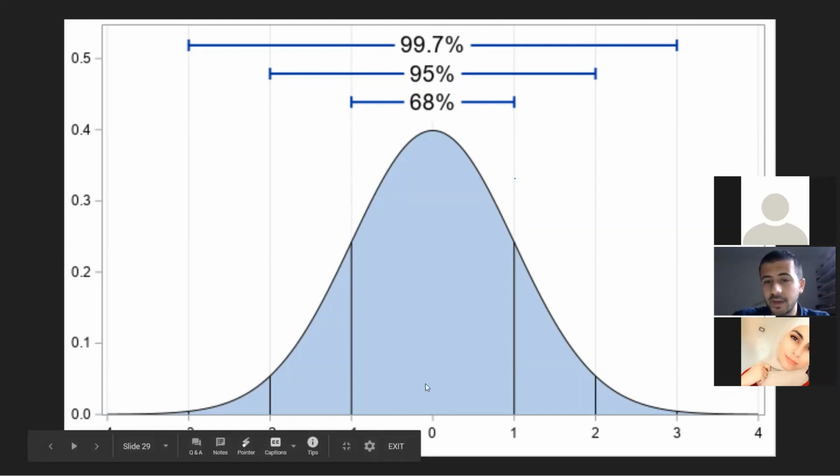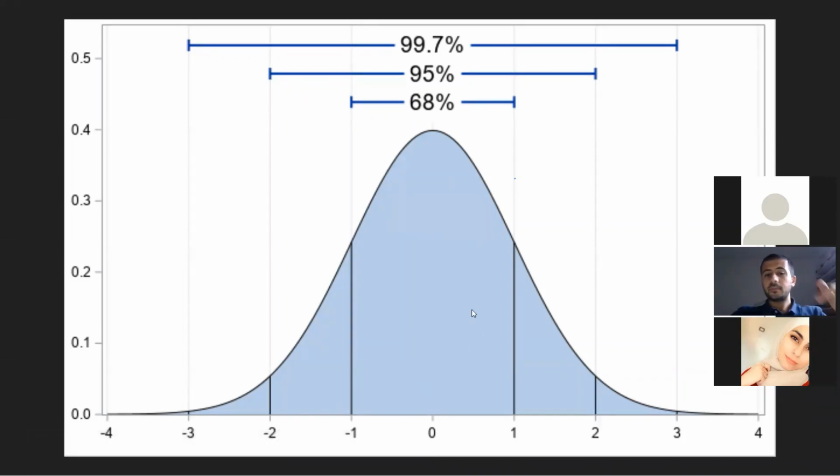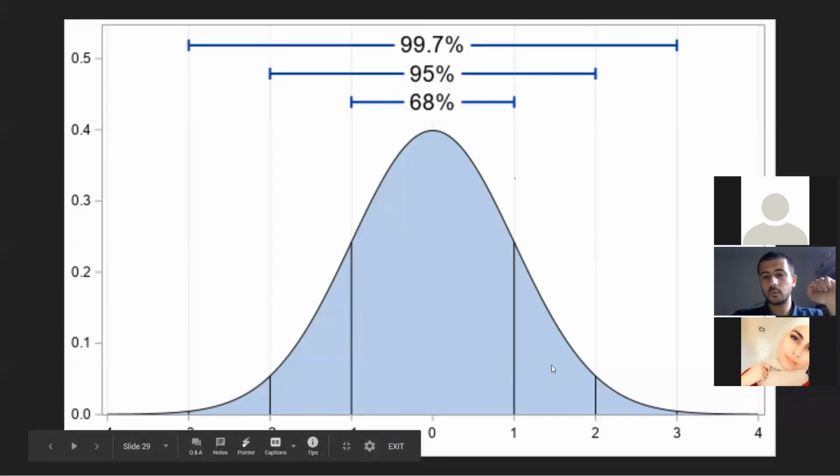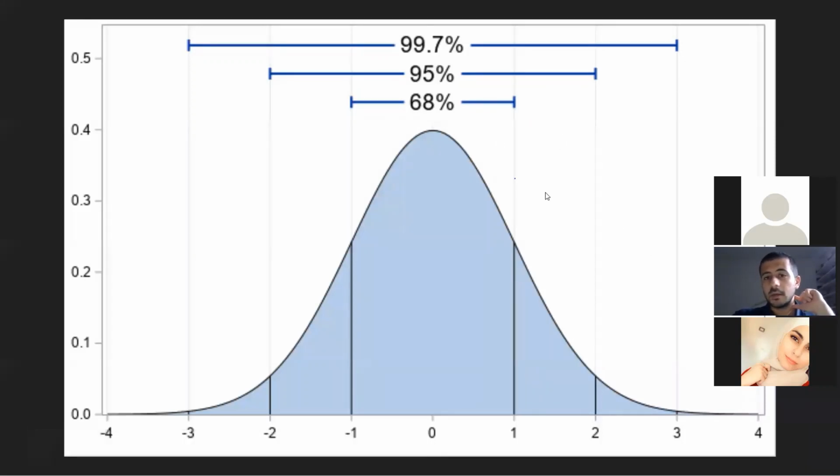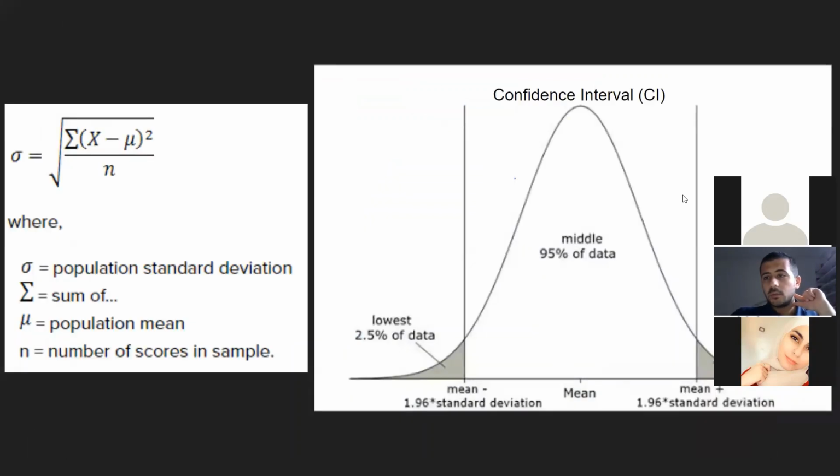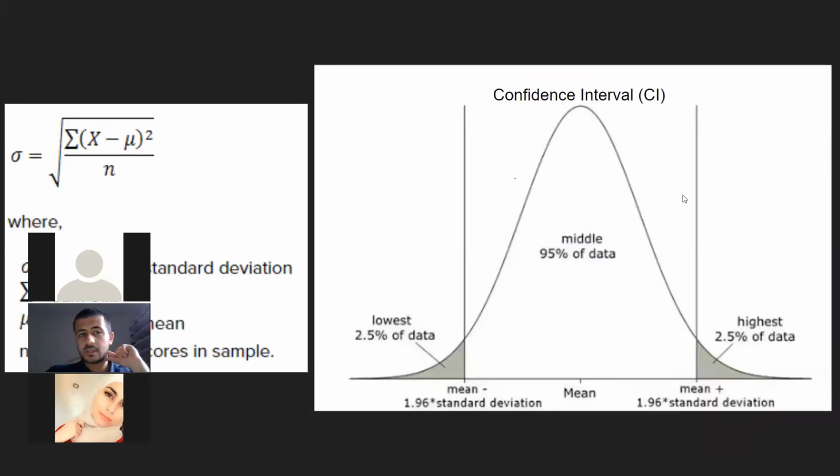Okay. So if we move on, we have those percentages, and they are represented by those lines that represent first, second, and third standard deviation. And here we have a new concept. This is the standard deviation, and here we have 2 standard deviations to the left and 2 standard deviations to the right.